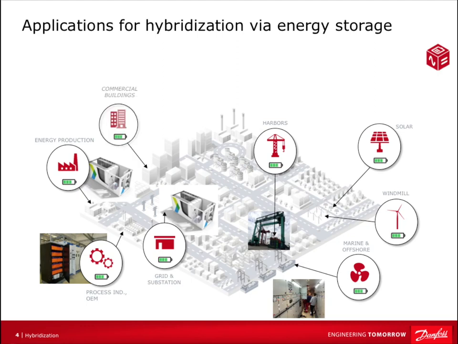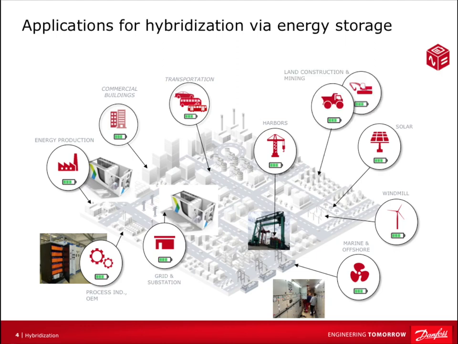Same in commercial buildings: the ability to ride through momentary brownouts or blackouts in a UPS type of situation. And of course, there are other transportation opportunities, much like the hybrid electric vehicles, such as buses, trolleys, as well as more heavy-duty industrial applications, such as land construction and mining vehicles. All of these are examples of hybridization where you could benefit from energy storage and power conversion to optimize your efficiencies.